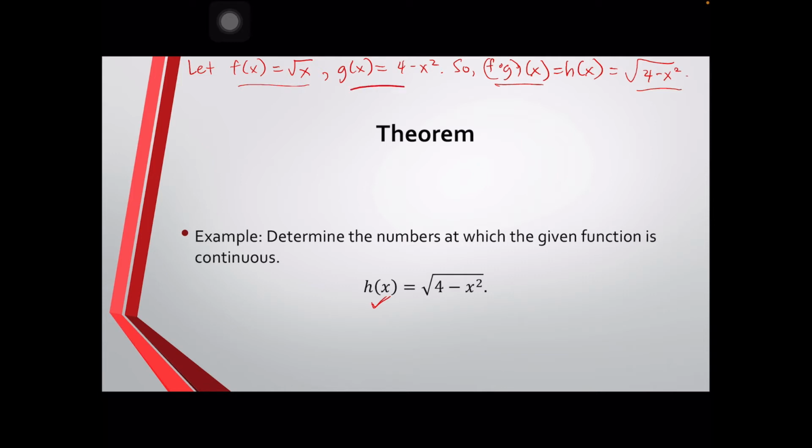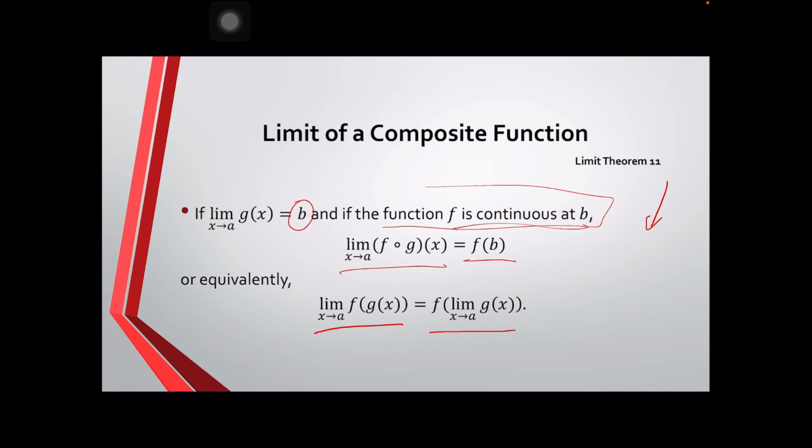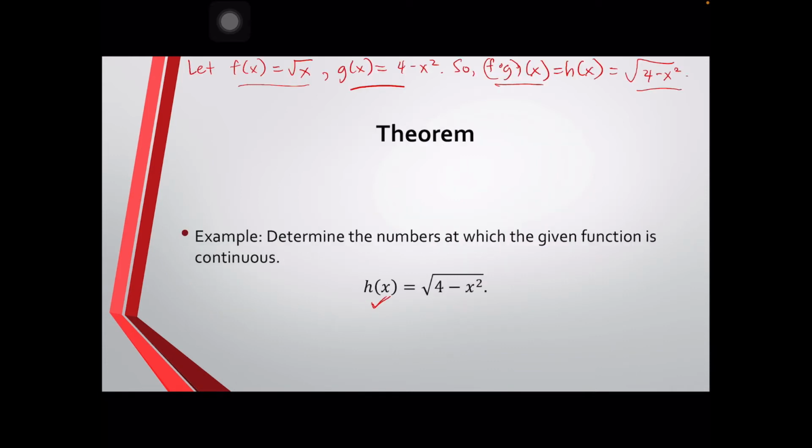So let's try to make use of these two theorems to determine the numbers at which this function would be continuous. Now, let's try to investigate each of the functions f and g. Note that g of x is continuous everywhere, right?